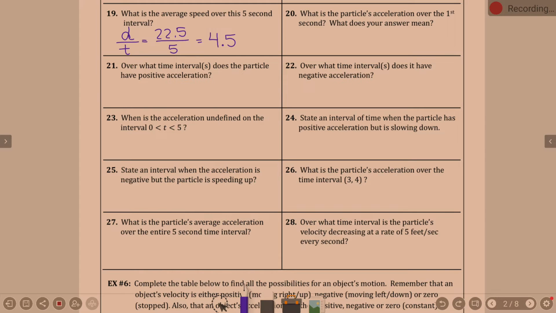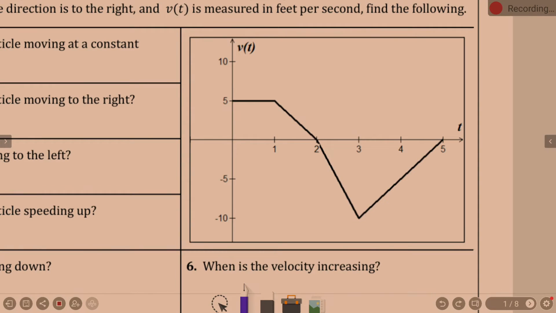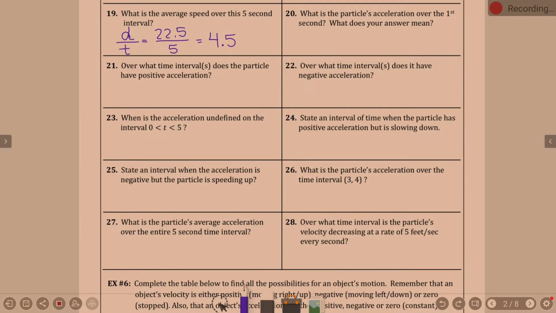What is the particle's acceleration over the first second, and what does your answer mean? So remember, first second is that horizontal piece of graph, yes? What is our acceleration over that first second? 0, because this is a velocity graph. Acceleration is the derivative. So acceleration is slope, and acceleration is 0.